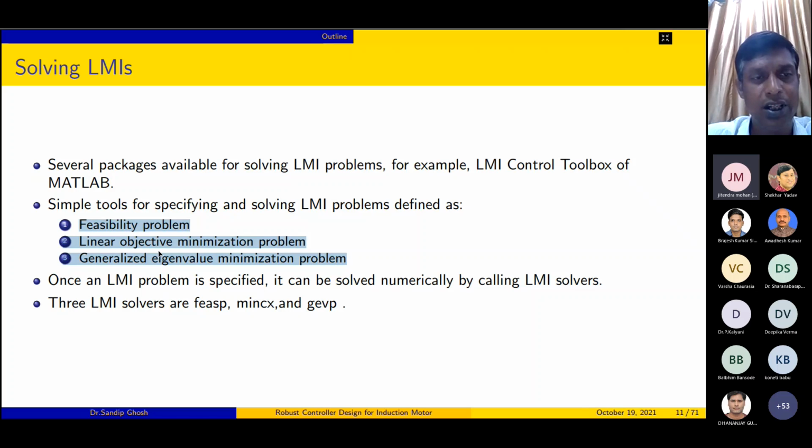The second is the linear objective minimization problem: given such matrix inequalities, you minimize certain objectives that are combinations of the decision variables. And the third is the generalized eigenvalue minimization problem. I will give an example of how easy it is to solve using these solvers. The solvers are FEASP, MINCX and GEVP, corresponding to these three problems.